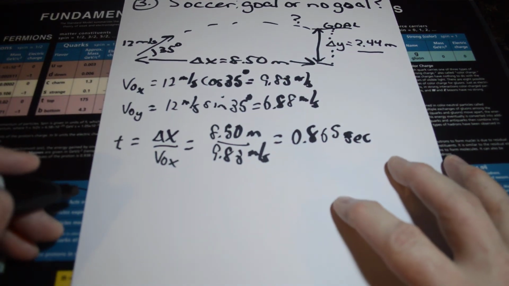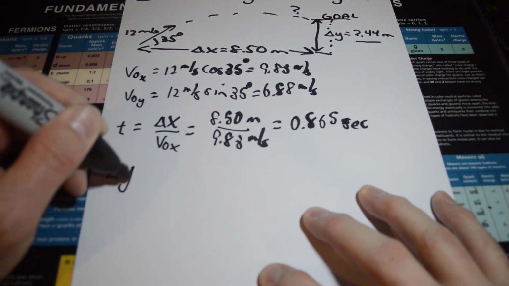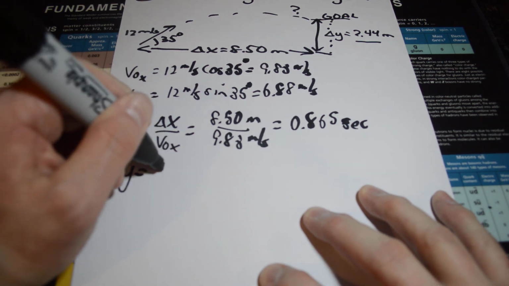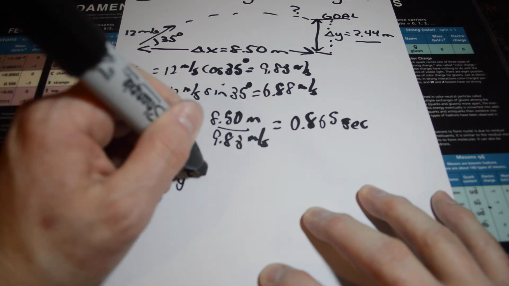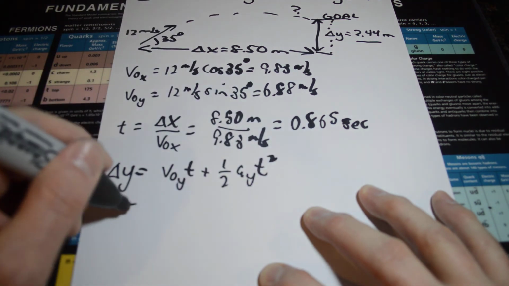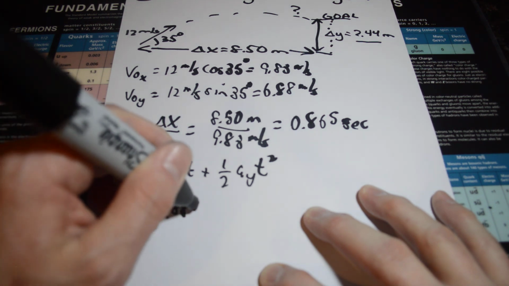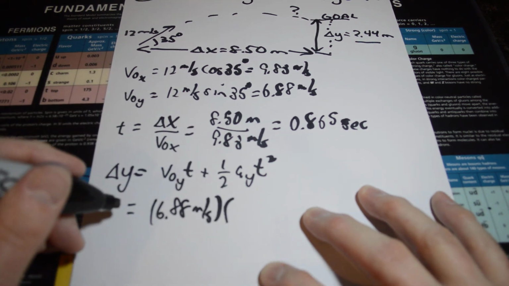Okay? At first this problem may look difficult, but all you have to do is use the v naught y t plus 1/2 a t squared equation. Plug in your numbers and find out whether or not it makes sense that it's good or not.